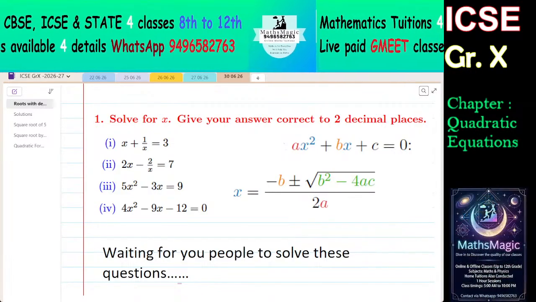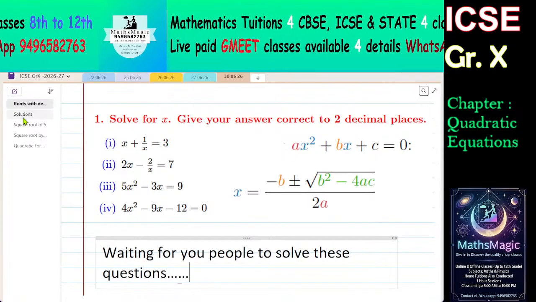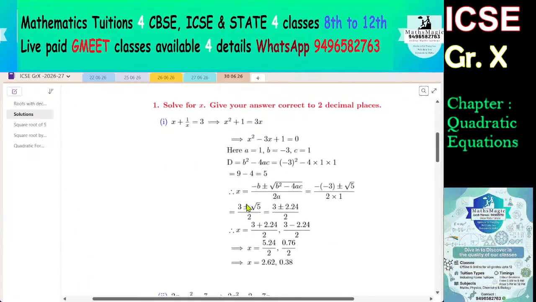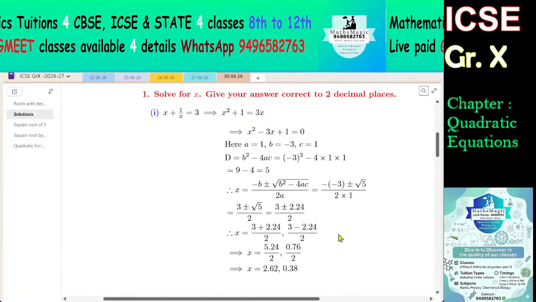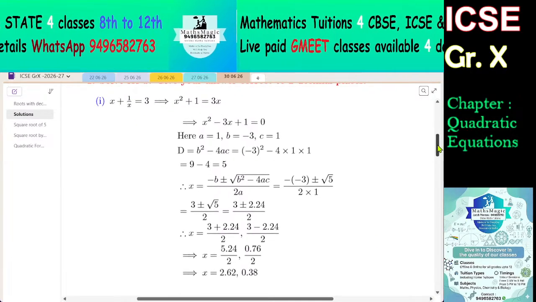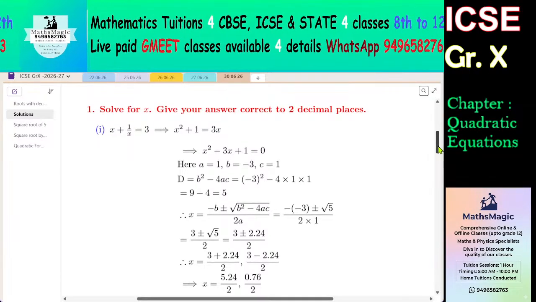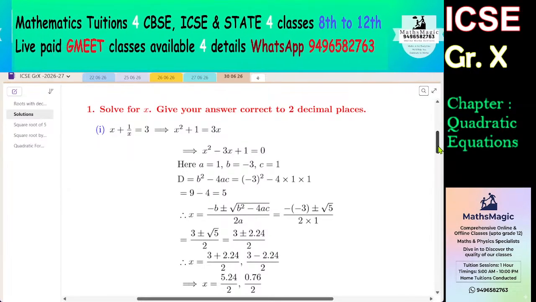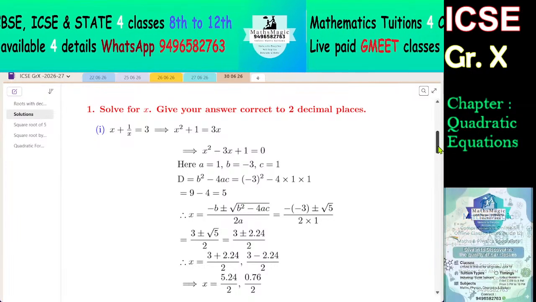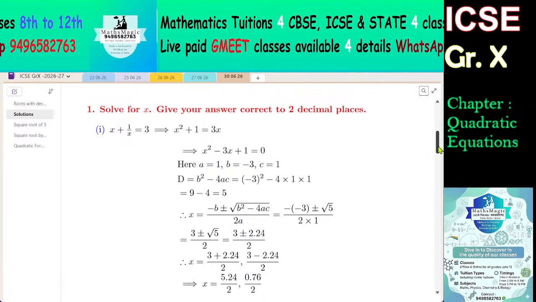If all of you have completed the answers, we will go through the solutions. I've made this solution neatly, but there may be typos or errors. We'll cross-check it. x plus 1 by x equal to 3 will become x squared plus 1 equals 3x, which gives x squared minus 3x plus 1 equal to 0. Hope all of you have got this quadratic equation.